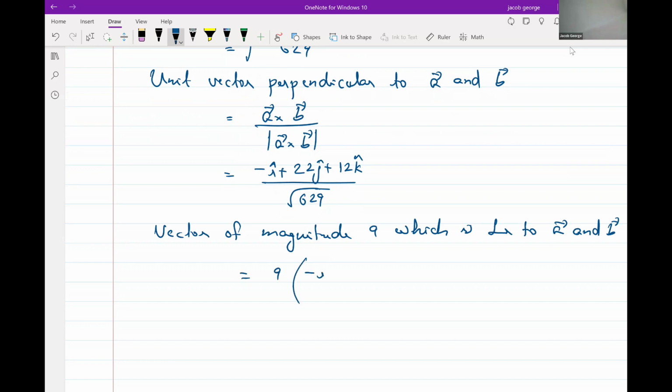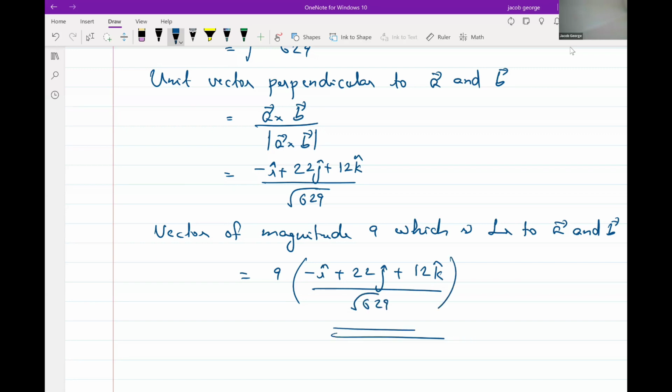That is 9 times minus i cap plus 22j cap plus 12k cap by root of 629. You can leave the answer like this. This is the complete answer to this question. We can open the bracket and split, but if you keep it like this also, you will get full marks. Okay, so is it clear?